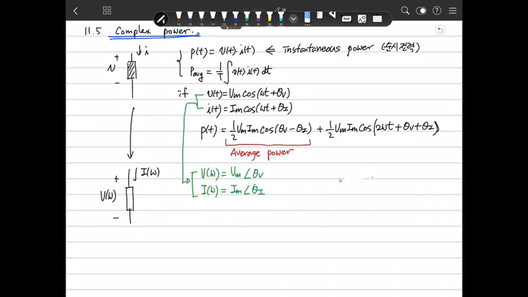This is the polar form, and we can represent the phasor in rectangular form: Vm cosine theta V plus j Vm sine theta V. The current can be represented in the same manner.